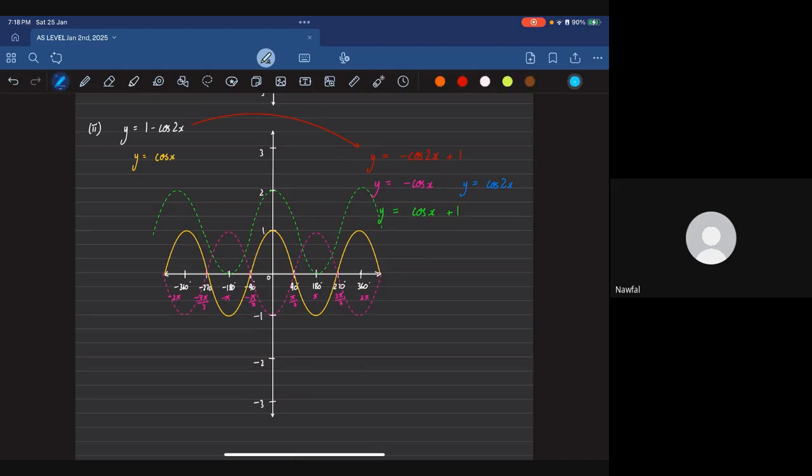So if we were to draw our final rendition of the graph, that is the actual one, I'm going to make all of them equal to one another. So what is that going to do? First of all, the graph should go up high. It should be like this, and its frequency is going to be higher as well.